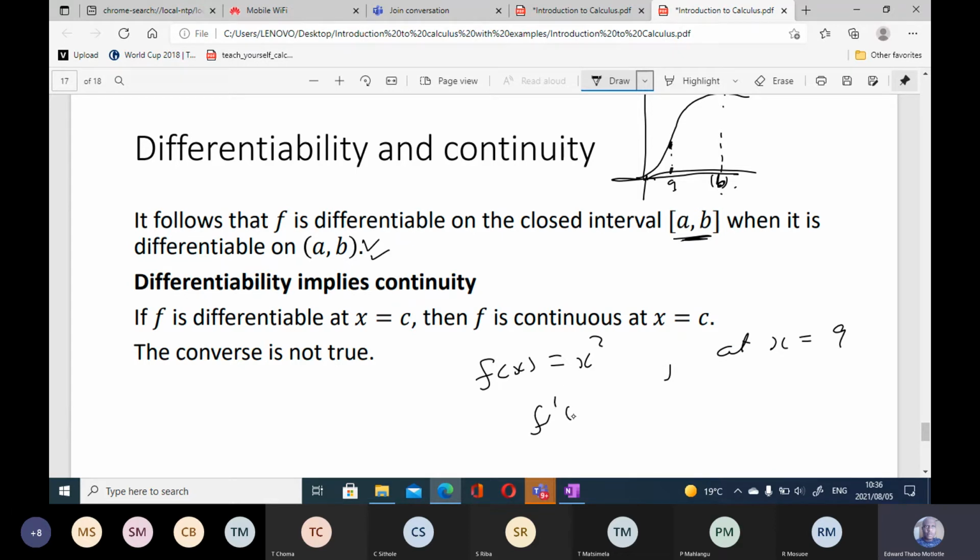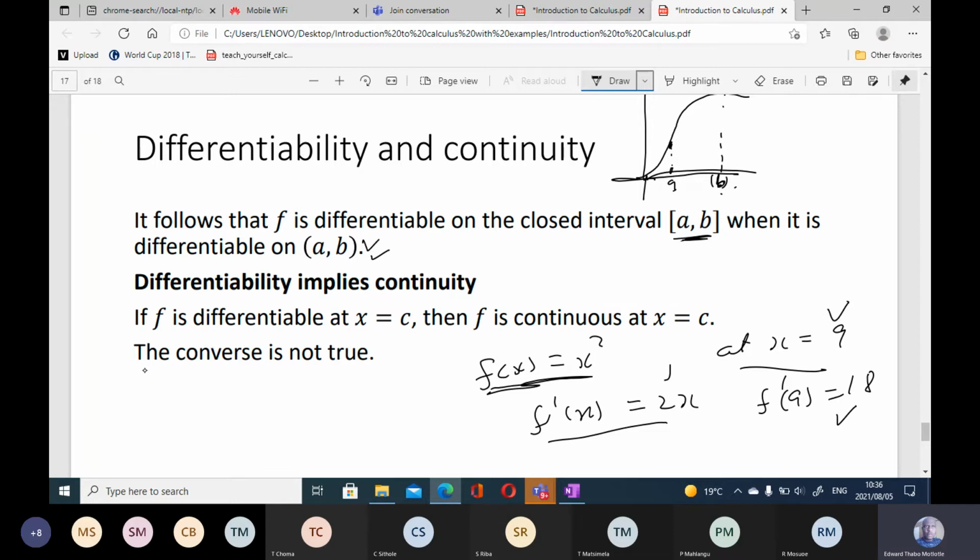You determine the derivative, which is 2x, and substituting that, this means f prime at 9 is equal to 18. So the fact that I was able to determine the derivative at a given point means that the function f equals x squared is continuous at x equals 9.